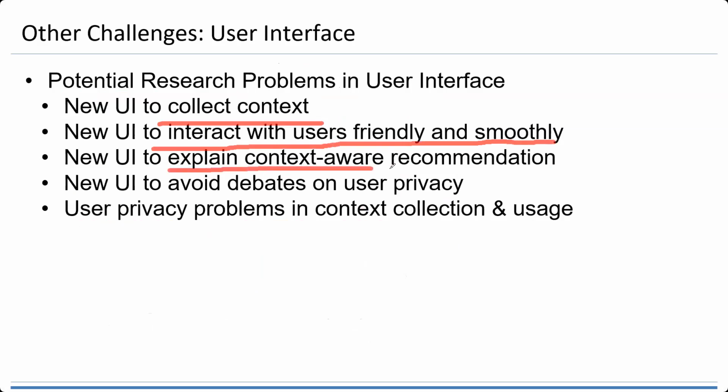The user interface needs to explain the context-aware recommendation clearly, and it should avoid debates on user privacy. This is also about the collection and the usage. That's why whenever you have a new online membership nowadays, you need to agree.